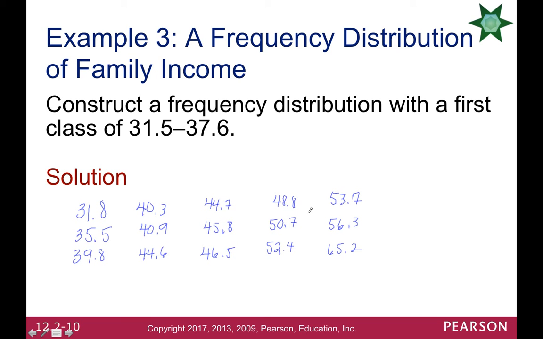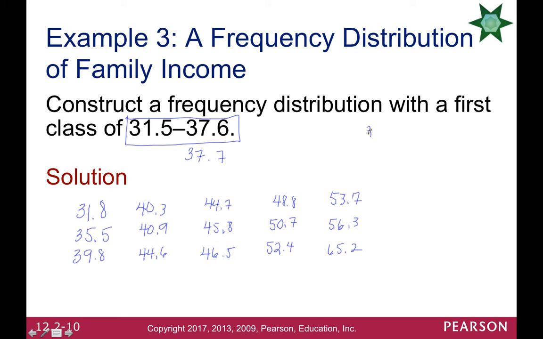Okay, now the next thing we have to do is figure out the class width. So if they're telling you what the first class is supposed to be, we got to find out how many units are in between each one. Okay, so if I look at that, I have 31.5, and I'm going to start the next one up at 37.7. So I want to take the lower limits. Okay, so everybody understands that the next one up would be 37.7.